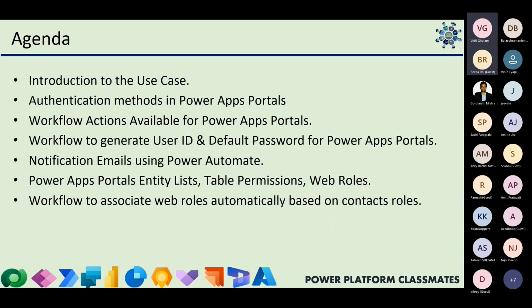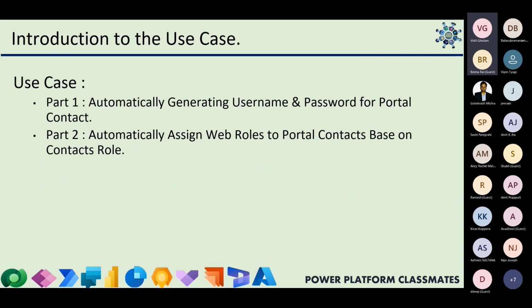So let's begin with our use case first. I have divided this use case in two parts. Part one would be automatically generating a username and password for portal contacts.